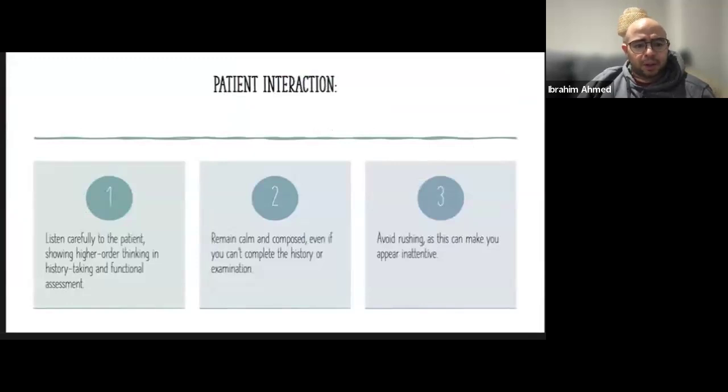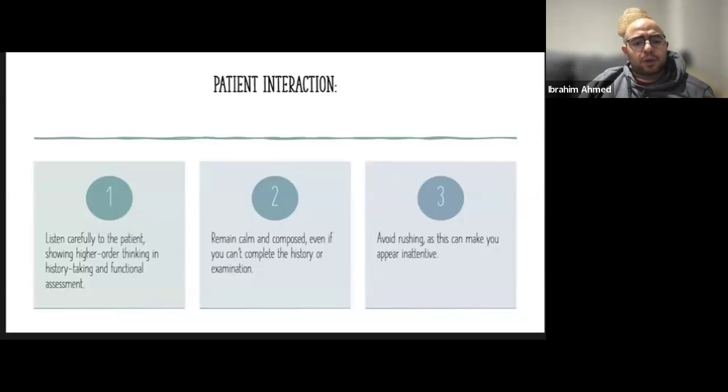Listen carefully to the patient, show high order thinking in the history taking. This is mainly on their function assessment, expectation, concerns, what previous treatment did they have? And whatever happens, however complex the case is, remain calm, composed.